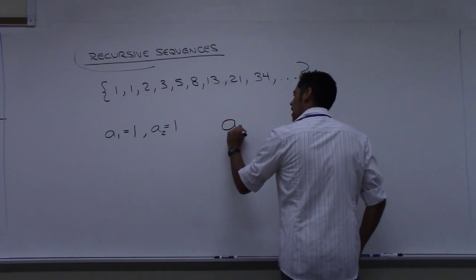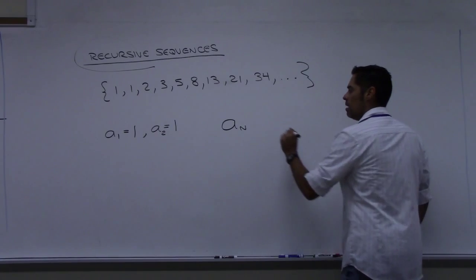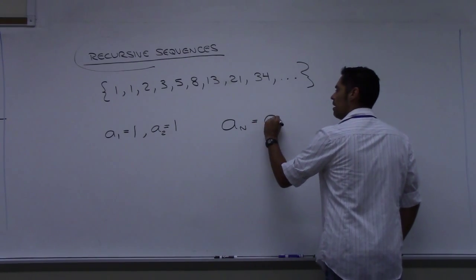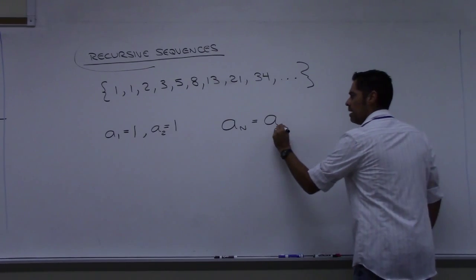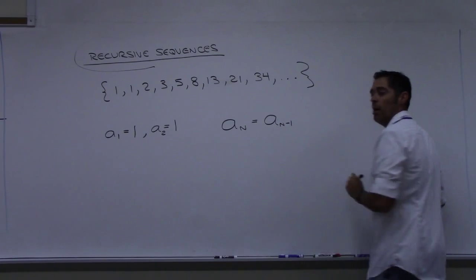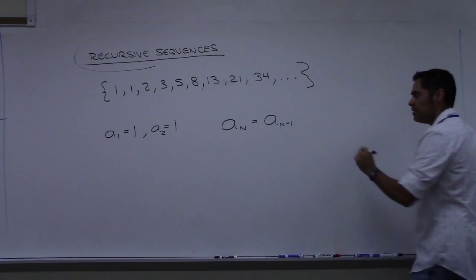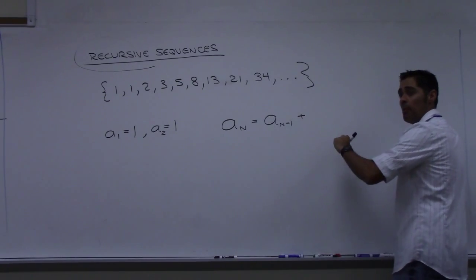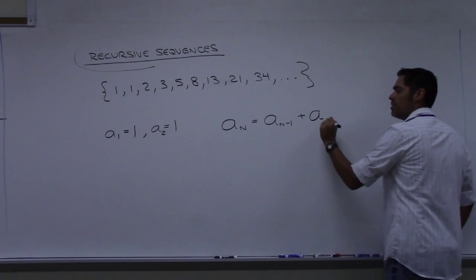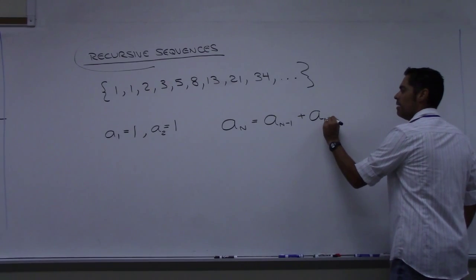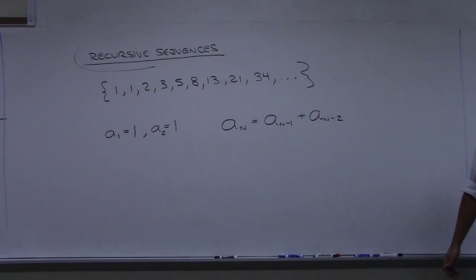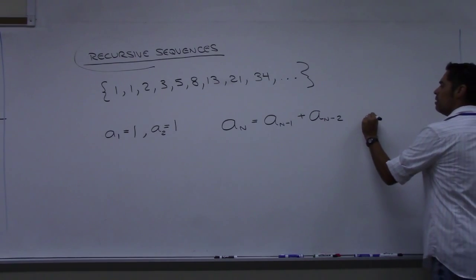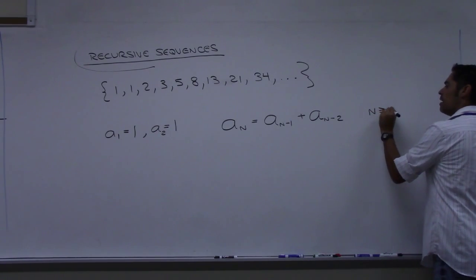If I want to figure out the nth one, all I have to do is take the one in front of that, which would be a sub n minus 1, and add it to the one before that one, which would be a sub n minus 2. And that I would do for any n greater than or equal to 3.